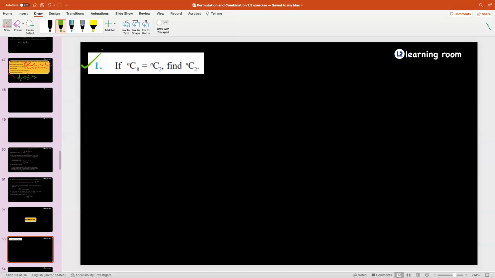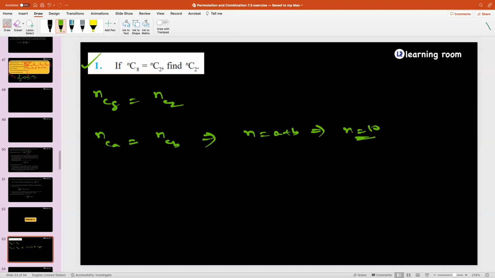So the first problem in the exercise is: if NC8 is equal to NC2, find NC2. See, NC8 is equal to NC2. If NCA is equal to NCB, that implies N is equal to A plus B, which implies N is 10. Am I right?